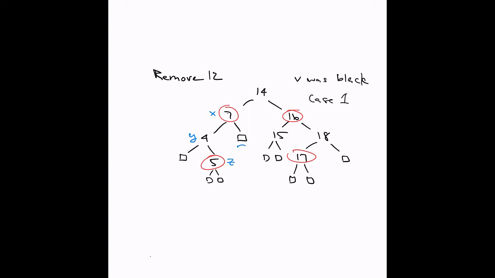The first thing we do is save X's color, which is red. Now we restructure the subtree rooted at X, and that subtree will become the new X.